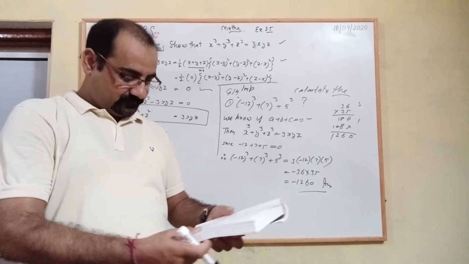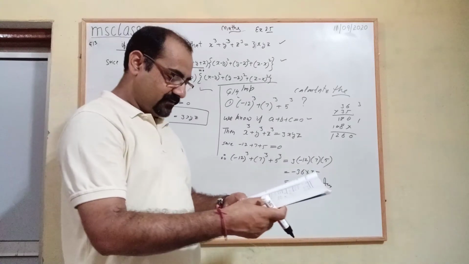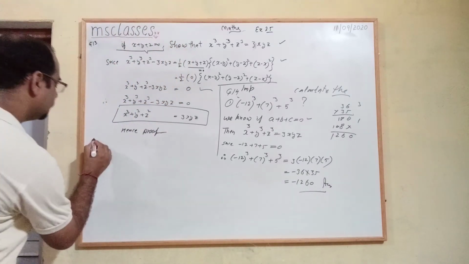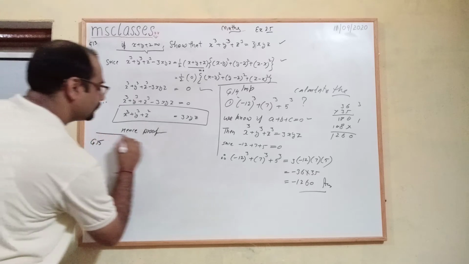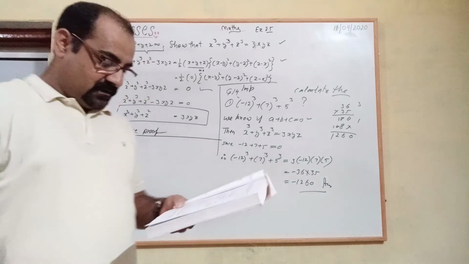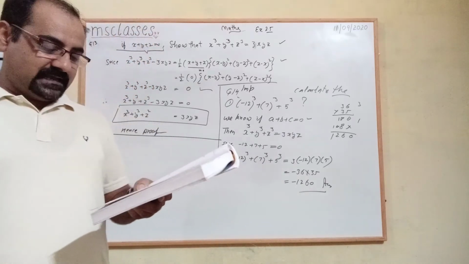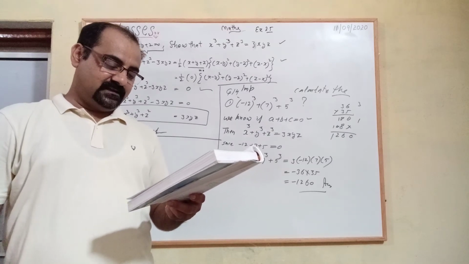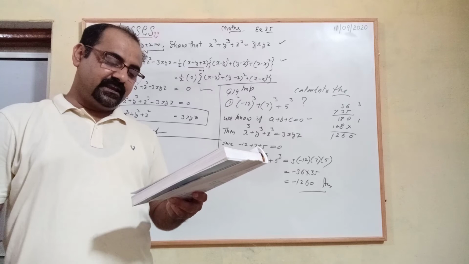Right. Similarly, your question number 15. In the 15th question, give possible expressions for the length and breadth of each of the following rectangles in which their areas are given.